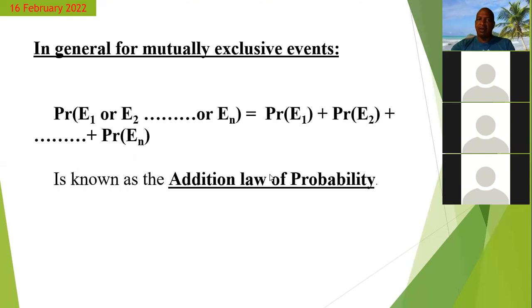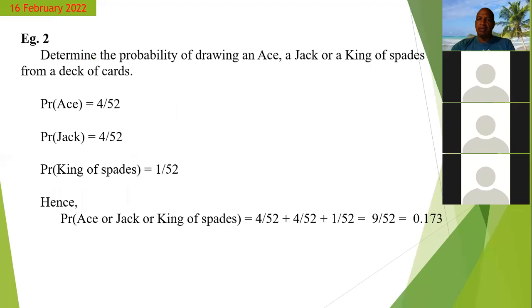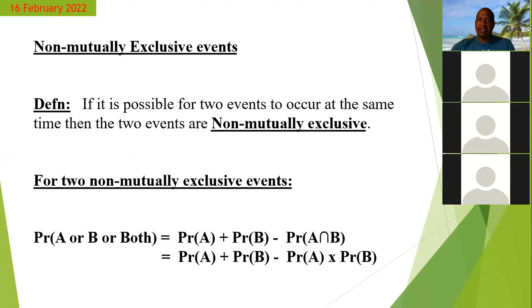So if we are dealing now with non-mutually exclusive events, it means that if it is possible for two events to occur at the same time, then the two events are non-mutually exclusive. So once they can happen at the same time, it would be non-mutually exclusive.